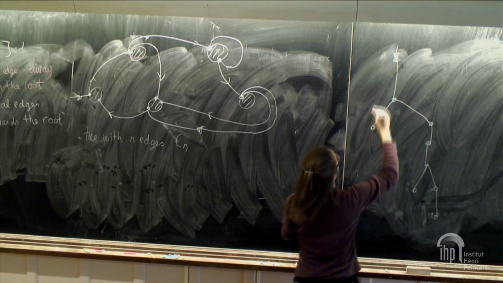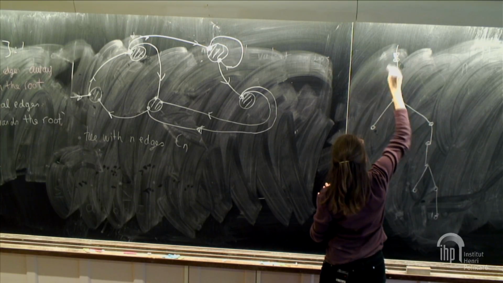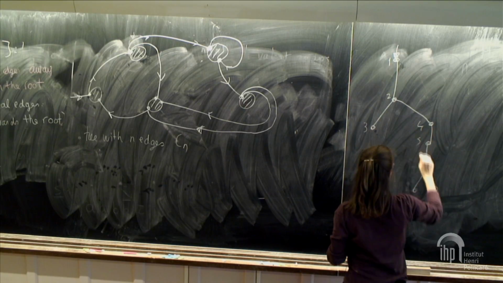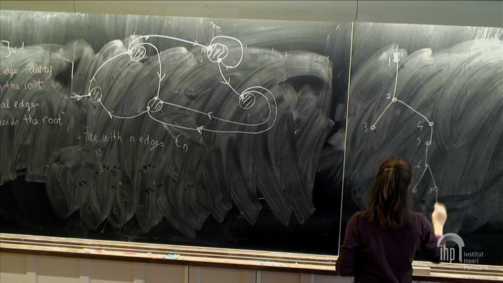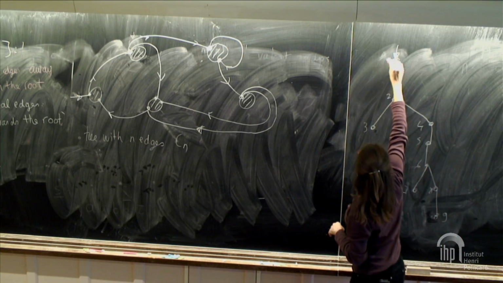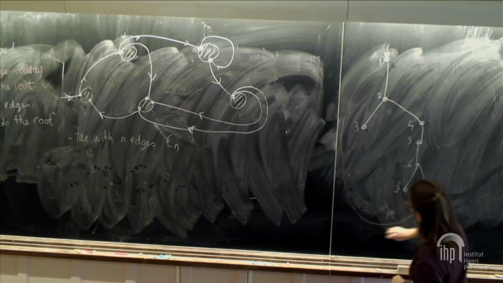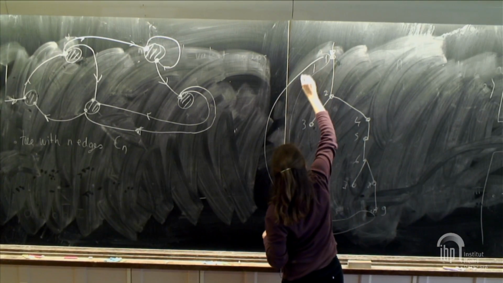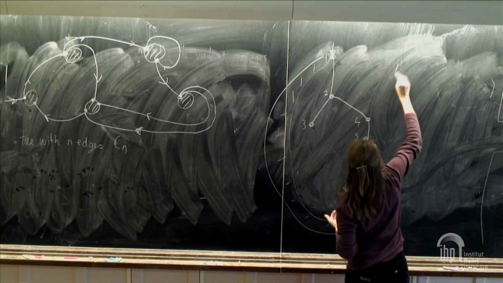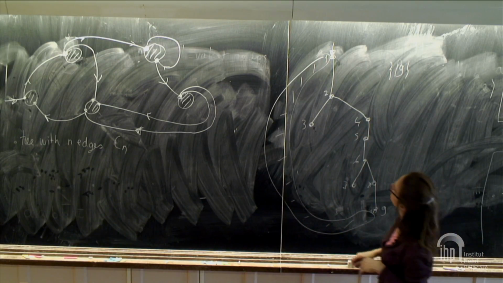Yeah, the path going around, 4, 5, 6, 7, 8, 9. So my first blob has become a part of my partition, joining vertices 1. So that's just another way of drawing the first blob.